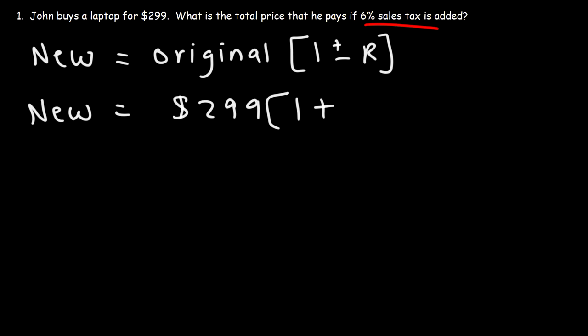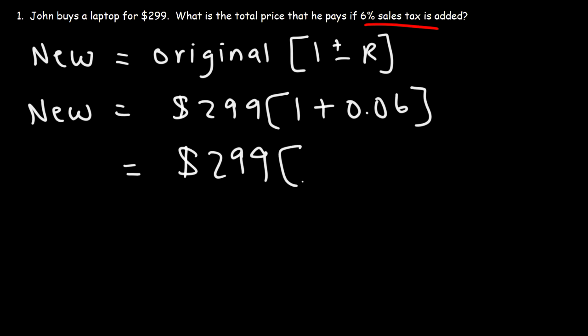And r is going to be the decimal form of the percentage. 6% is basically 0.06. So all we need to do is multiply $299 by 1.06.